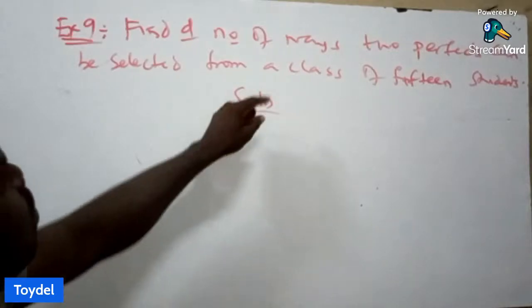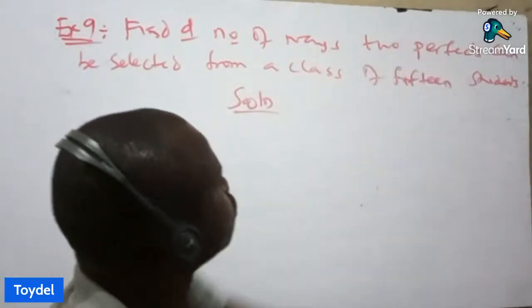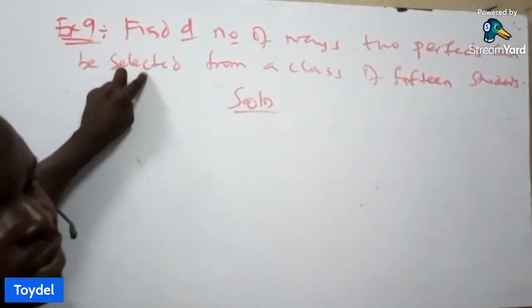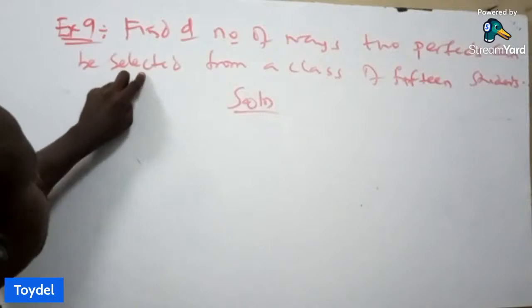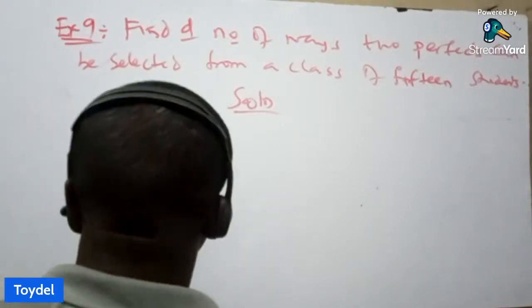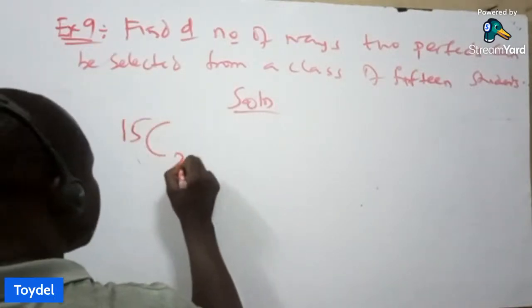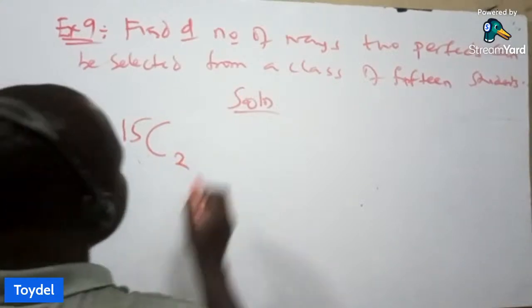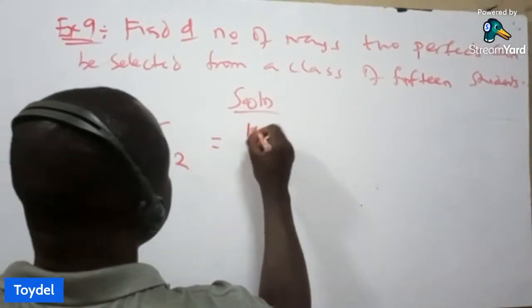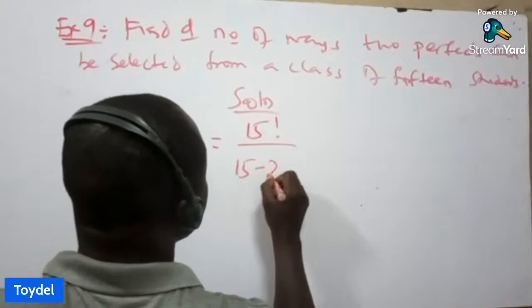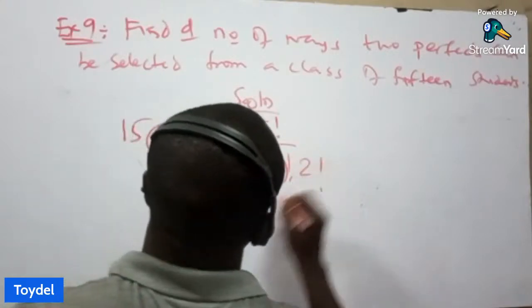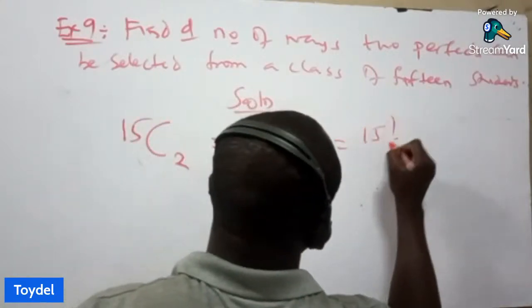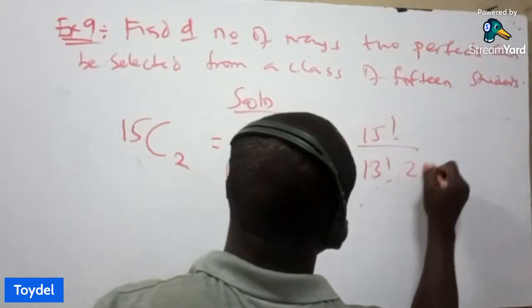So that simply means that we are going to have 15 combination 2, because we are talking about selection here, not arrangement. So the number of ways will be 15 combination 2. That will be 15 factorial all over 15 minus 2 factorial, 2 factorial. Then that will give us 15 factorial all over 13 factorial, 2 factorial.